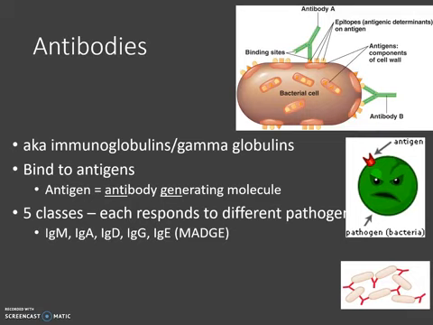Another one might be more present when a parasite is the pathogen. And another one might be involved in the allergic response to pollen. We're not going to go into the detail of which ones respond to different pathogens, but doctors can actually do blood work and look at which immunoglobulins are present in the blood, and that helps give them a clue as to what is causing the illness.